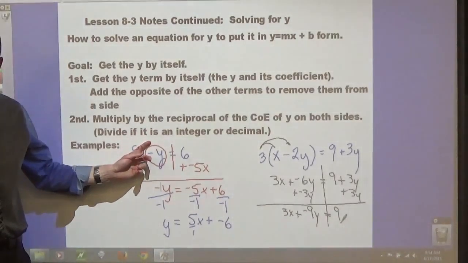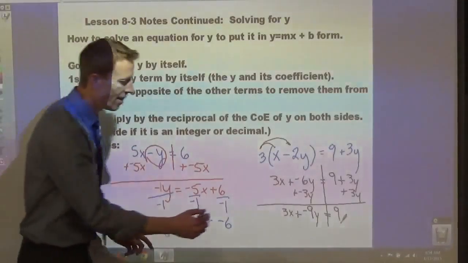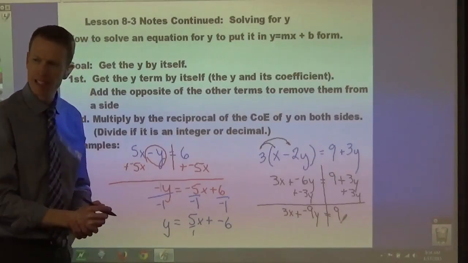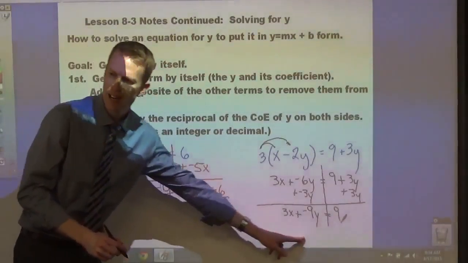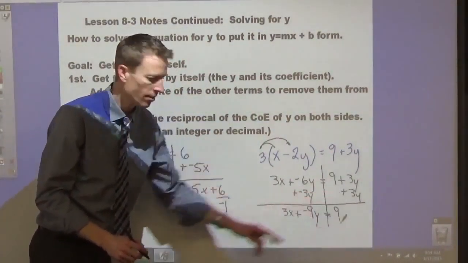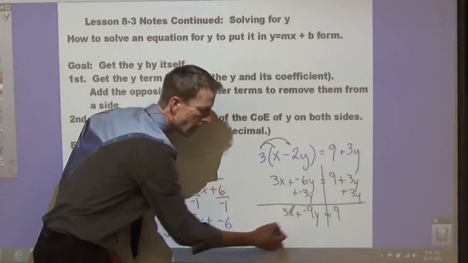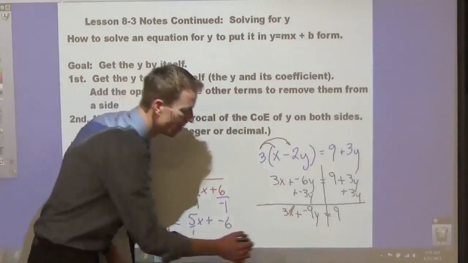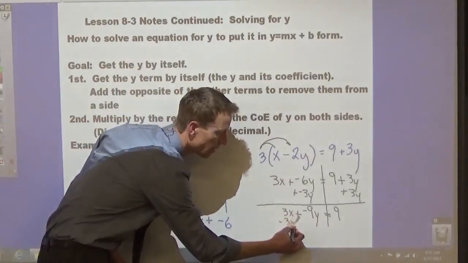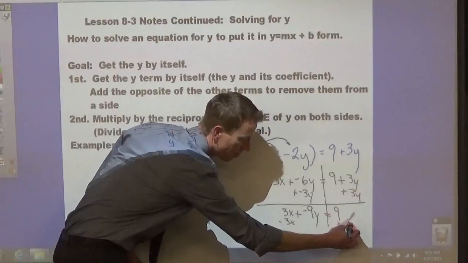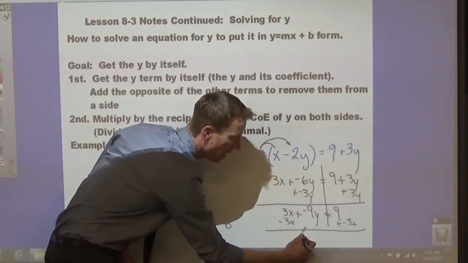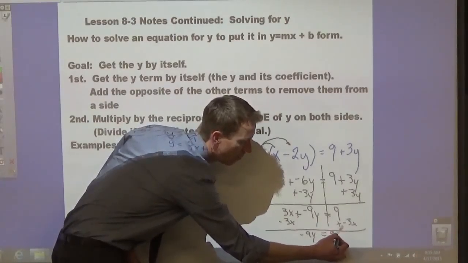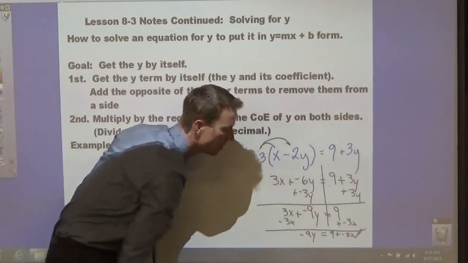We have to get rid of the x term first, John. So add negative 3x. Then negative 9y equals 9 plus negative 3x.